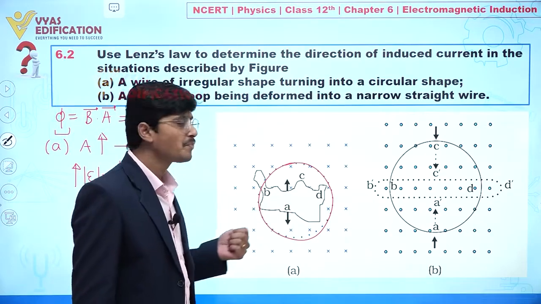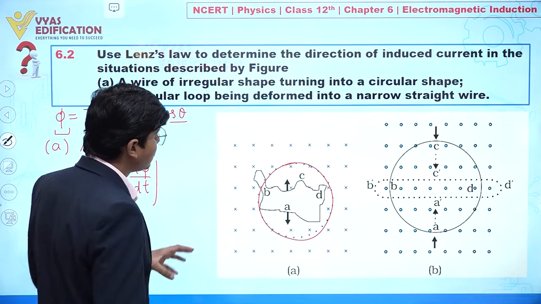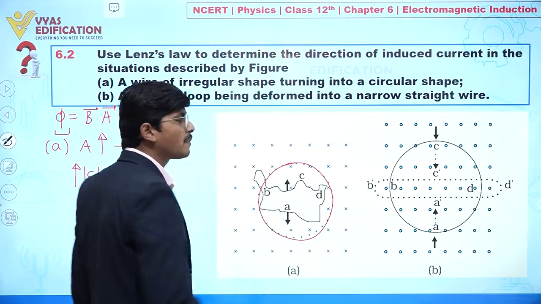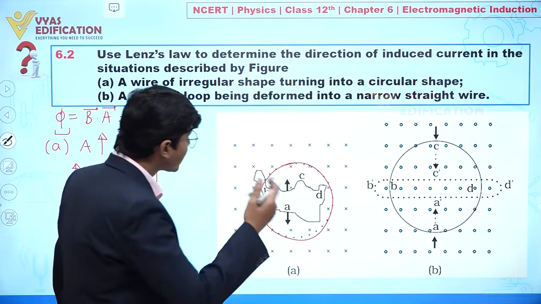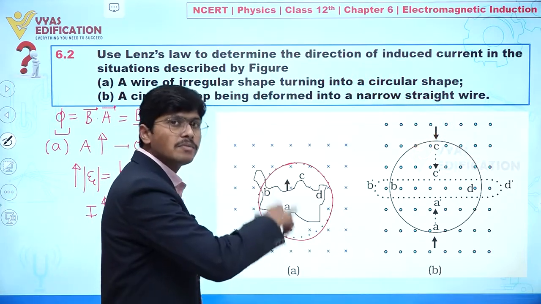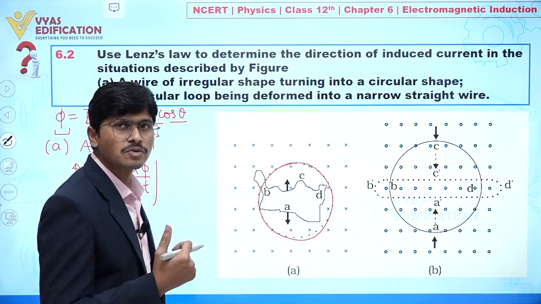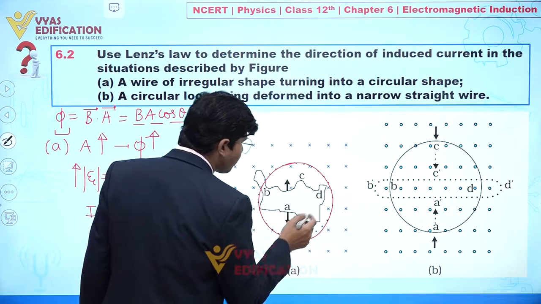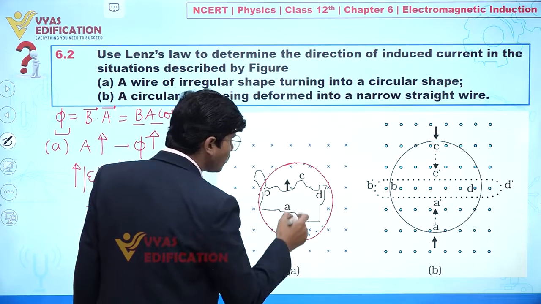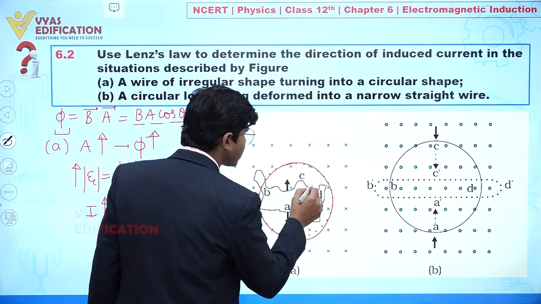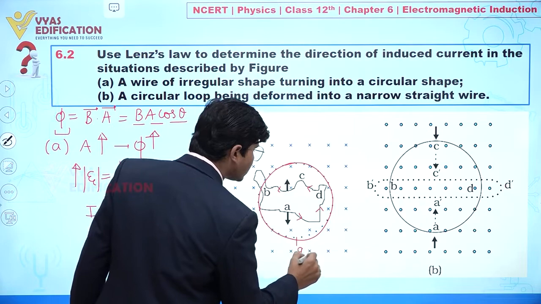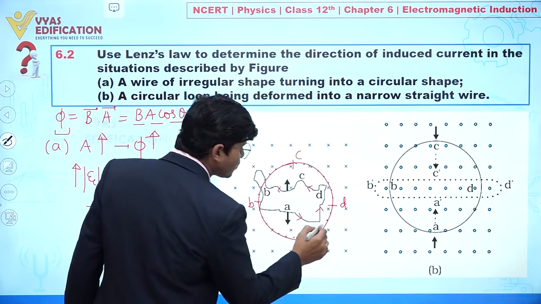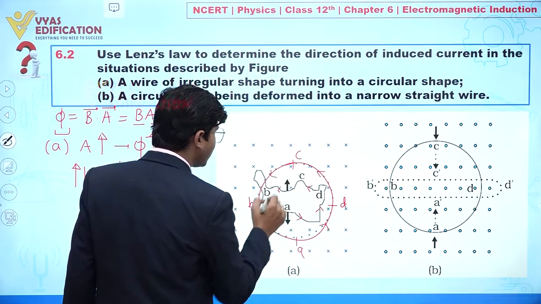Because area is increasing, flux is increasing, more magnetic field lines are going perpendicular inward, so induced current will be developed like this, to oppose this change. So when this irregular shape changes to this circular loop, current will flow like this. Suppose this is A, this one is D, this one is C, and this is B. Why?